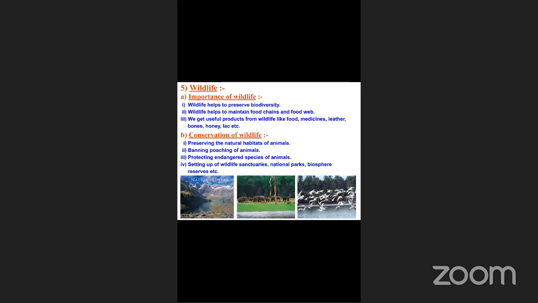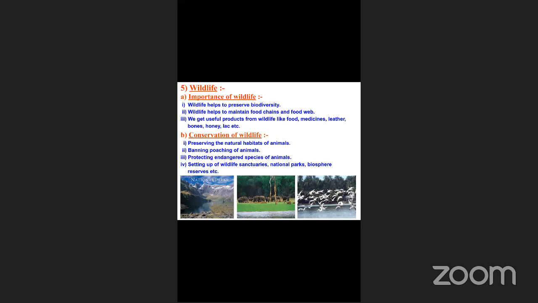Then we get useful products from wildlife like food, medicine, leather, bones, honey, lac, etc. So that is also an important part of the natural resource.